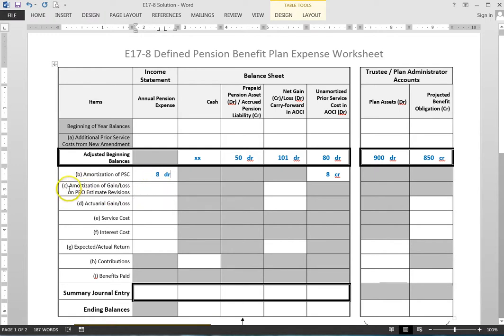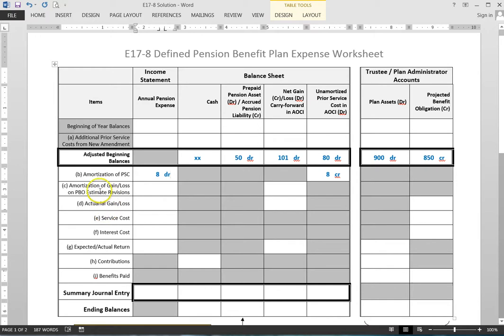There's also then amortization of gains and losses on PBO estimate revisions. Those don't occur very often, but can happen. And there are also actuarial gains and losses. Those happen even less often than these amortization of gains and losses here.